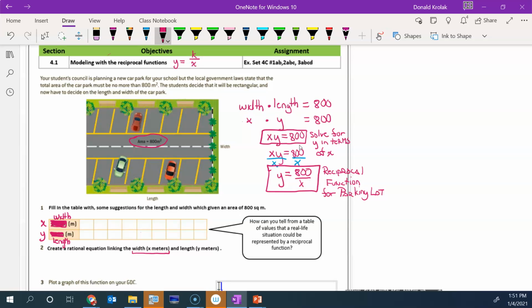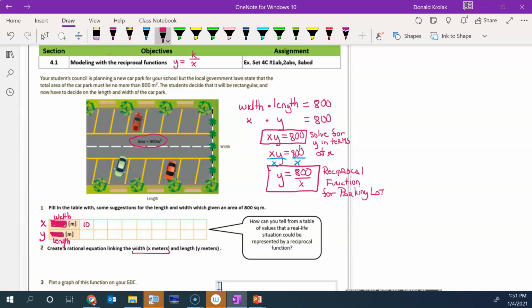So if we fill in X values and divide them into 800, we're going to get the Y values. So these are going to be just different widths that I could use in my parking lot. And I'm just picking these randomly as long as they go into 800. So I know 10 goes into 800.